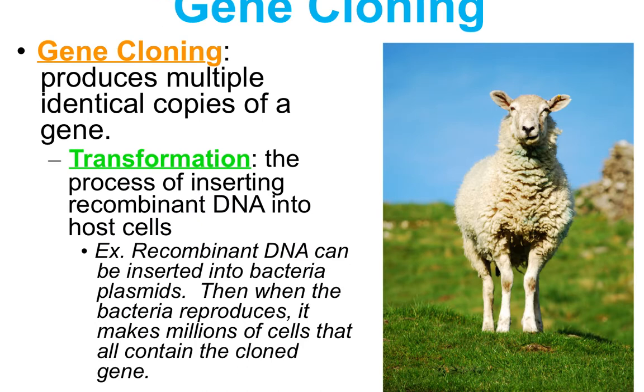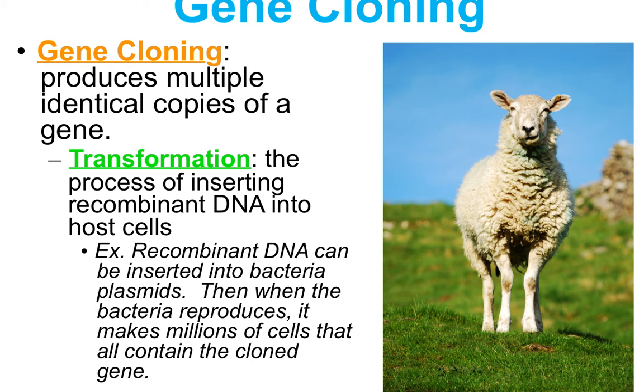I remember the year when they cloned Dolly. So gene cloning is, yes, we have cloned sheep and several other animals by now, but cloning also has lots of other useful applications, in terms of medicine and agriculture. Gene cloning produces multiple identical copies of a gene, and transformation is the process of inserting that recombinant DNA into some host cell.